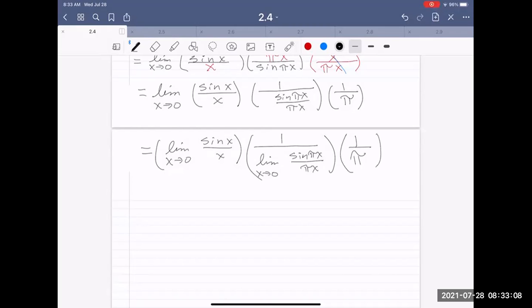I don't need a limit for the pi because, well, it's a constant. So we know that by section 1.7, that is just whatever the limits are times 1 over pi.